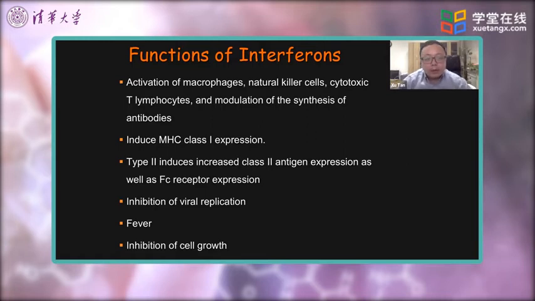Basically, they modulate both innate antiviral defense as well as adaptive immune responses. They can induce MHC class 1 molecule expression, which I'll talk about later. And type 2 interferons can induce expression of MHC class 2 antigen, as well as the antibody receptor. All this helps the adaptive immune responses.